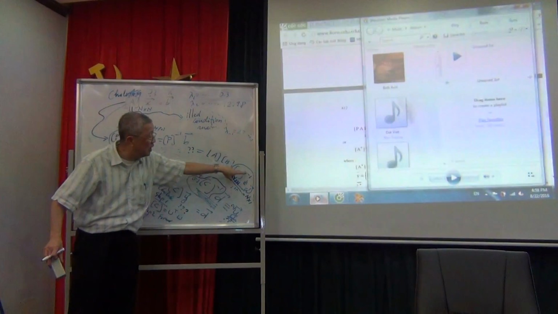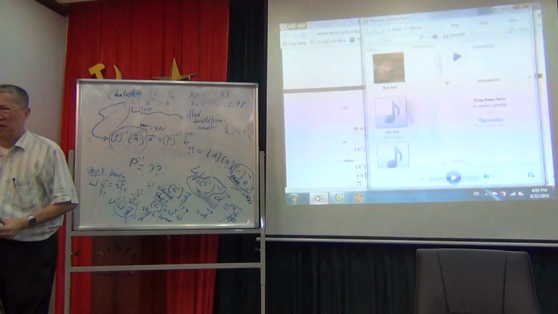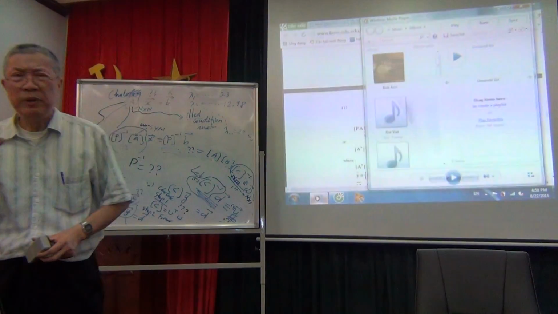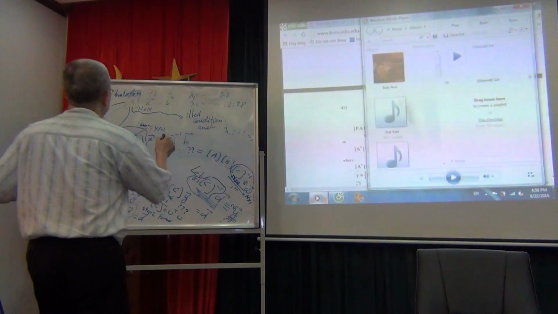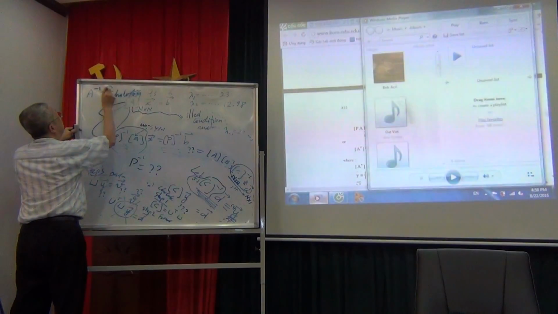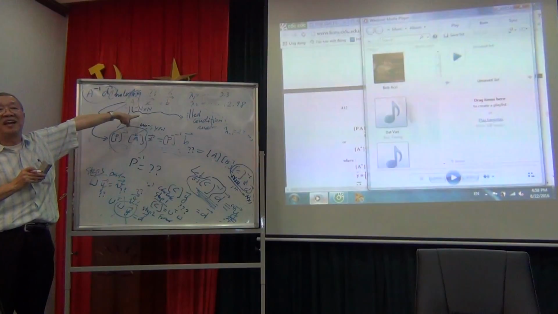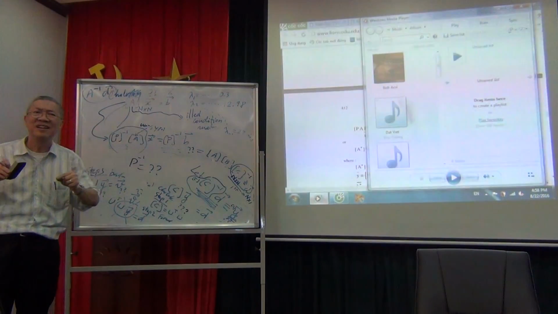Remember, C inverse times the vector D is equal to Y. Do you understand? So from now on, please remember this very important statement: never, never invert a matrix. Whenever you have something like the inverse of a matrix multiplied with some vector, that means it is equivalent to solving simultaneous equations. Do you understand?